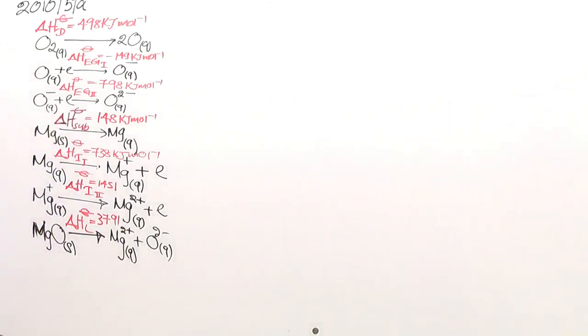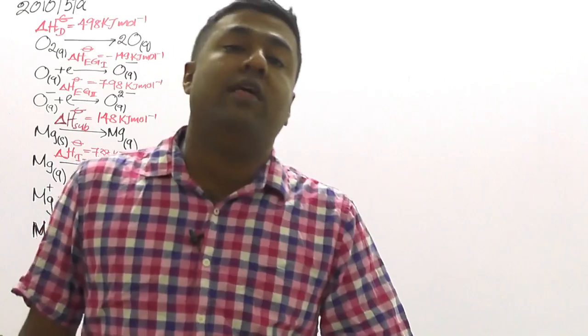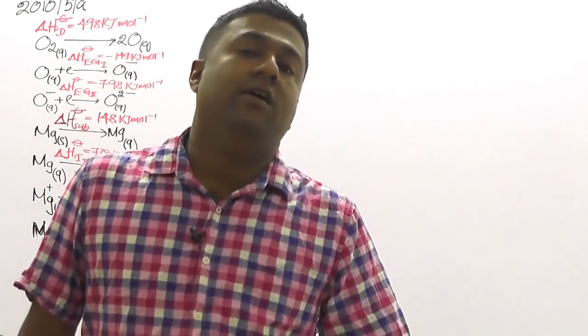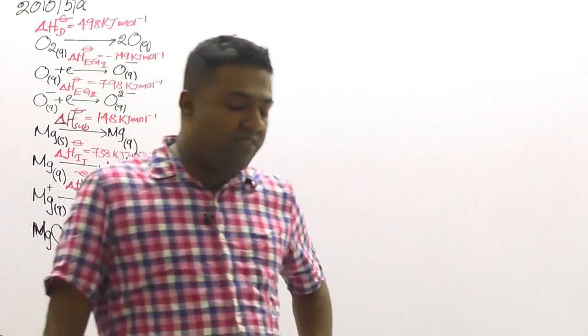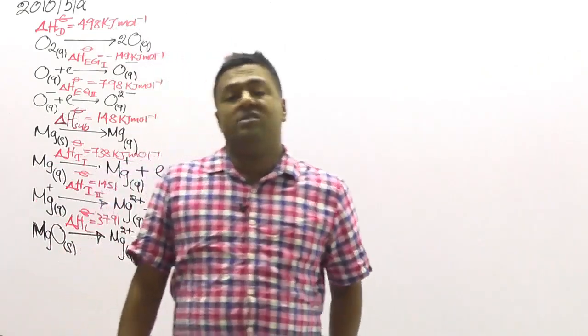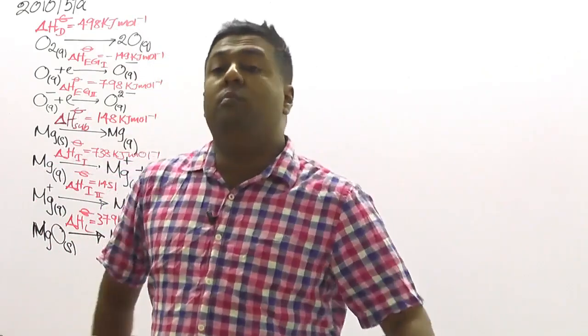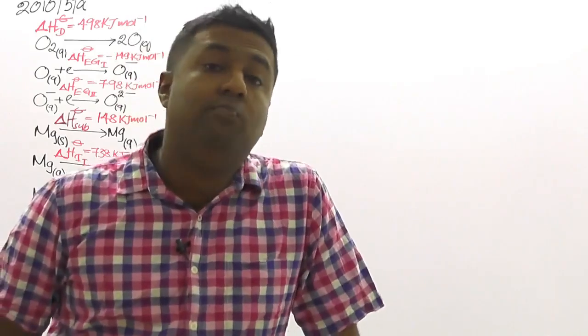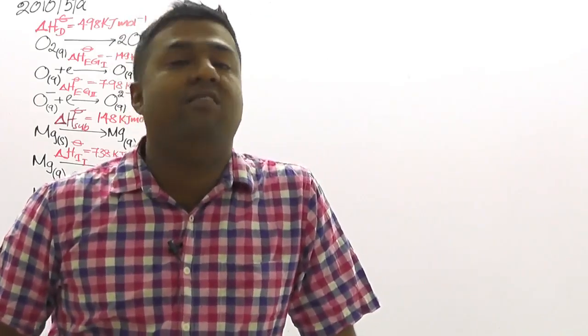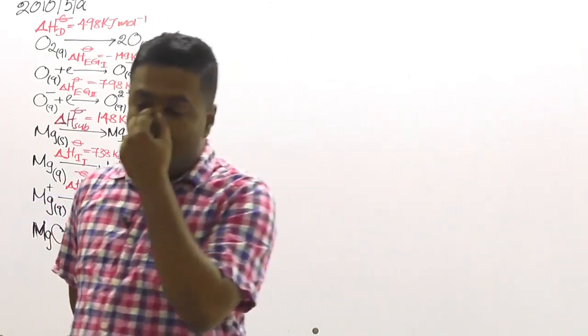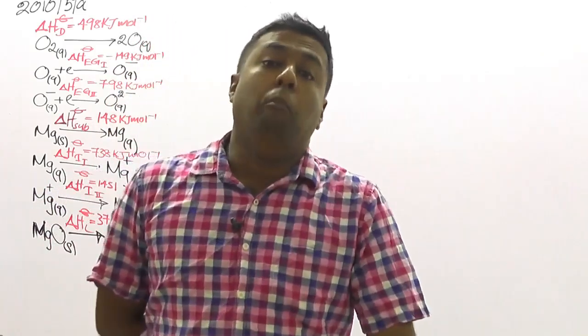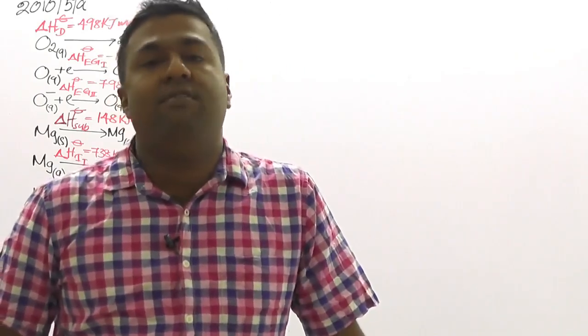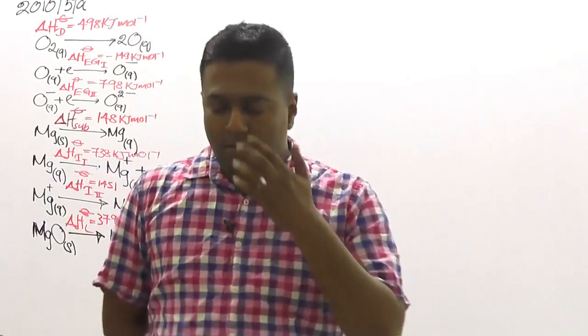Okay, so these are the enthalpy values associated with the Born-Haber cycle of magnesium oxide, right? Write these down.